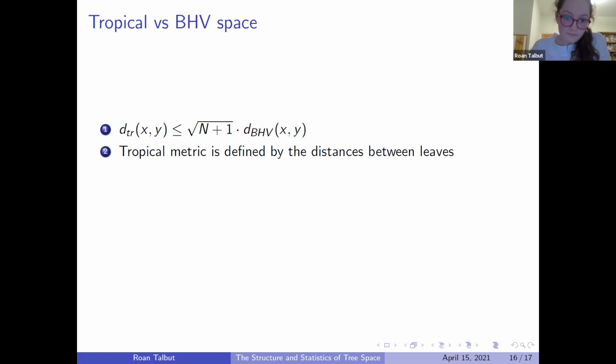The next thing is that the tropical metric is defined by distances between leaves, and this is, I think, a particularly important idea, because a lot of the trees that we will be working with have often been constructed from distances between their leaves.